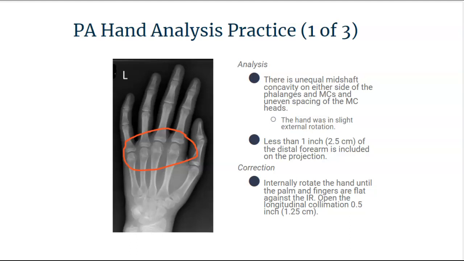Also, you want to take a look at how much of the distal forearm you have on the projection. We're getting ready to clip it here, so you want to make sure that we keep the collimation open enough to include 1 inch distal forearm. Also, again, you want to keep that palmar surface flat with the IR so that we get that true PA projection.